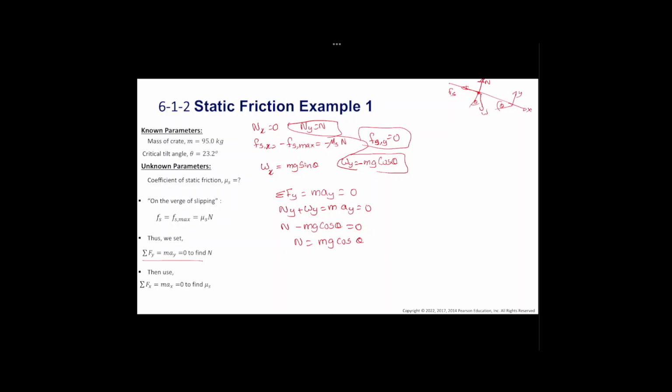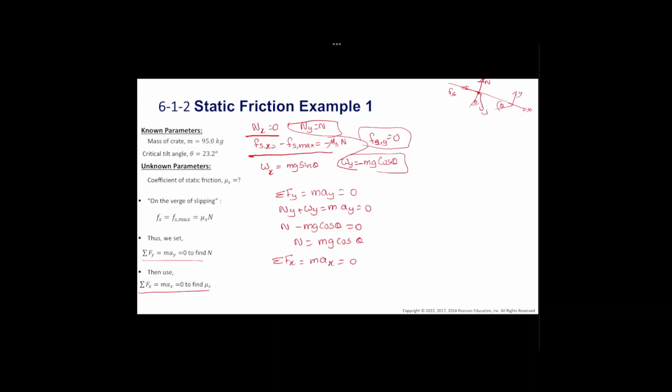And next, to find the coefficient of static friction, we use the acceleration in x direction. It is again 0 because the crate is on the verge of slipping. Therefore in the x direction we use Newton's second law of motion, again equal to 0. Now what are the forces in x direction? The normal force has x component 0.